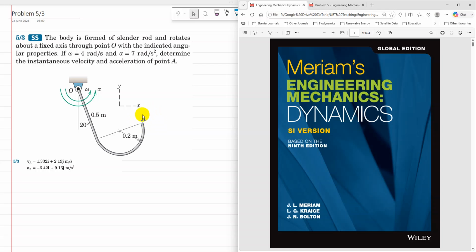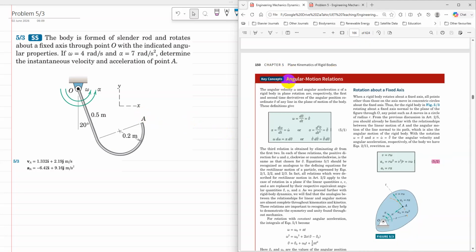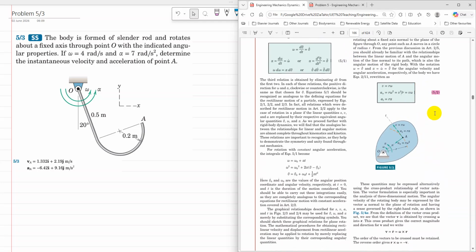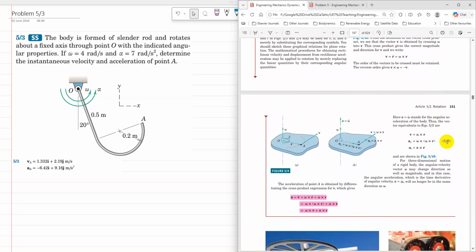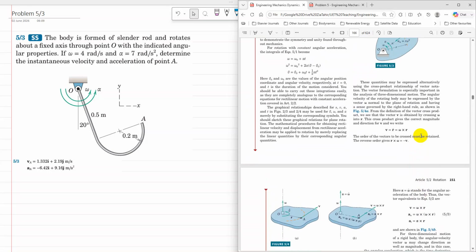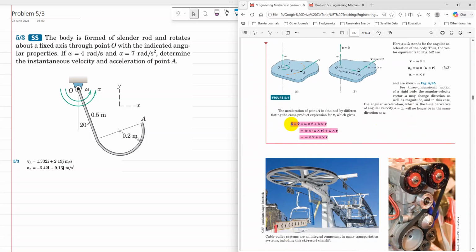Since the body is rotating about a fixed point O, the fixed axis rotation equations from chapter 5 are used. From chapter 5, using the key concept angular motion relation, equation 5/2 and then equation 5/3, they are being used here. So v vector is equal to omega vector cross r vector, and for acceleration, it is the first order derivative of the velocity vector.